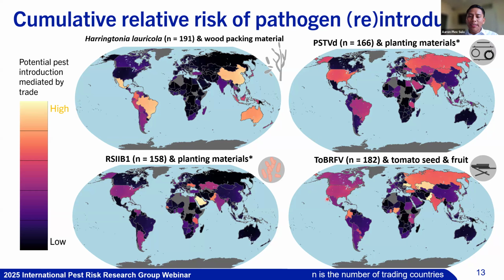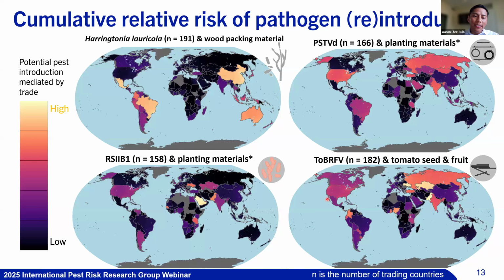Including all this information, the key message here is that there is a large need for proactive surveillance to effectively prevent the introduction of plant pathogens and pests in over 100 countries, where these species are currently distributed. For each pathogen in this study, the United States ranks among the top 10 countries with higher introduction risk.